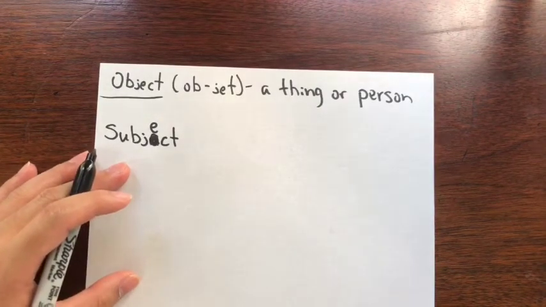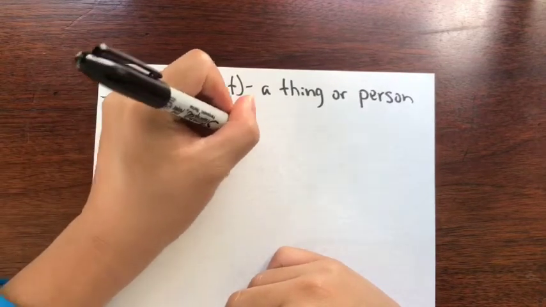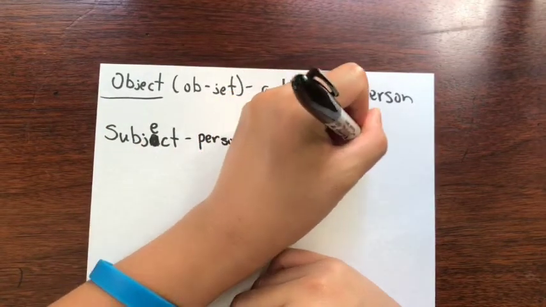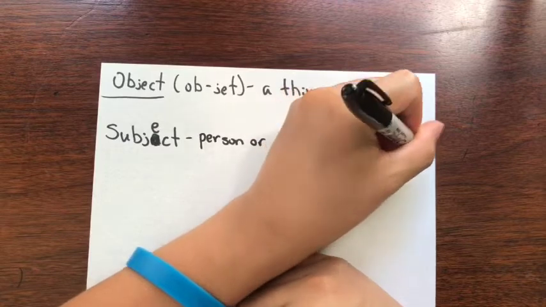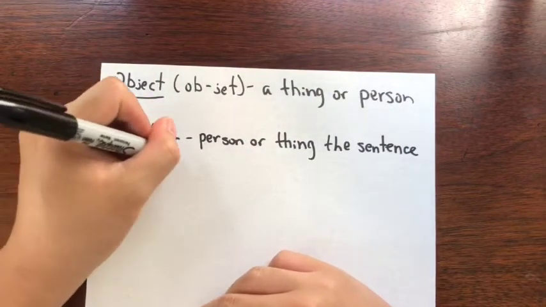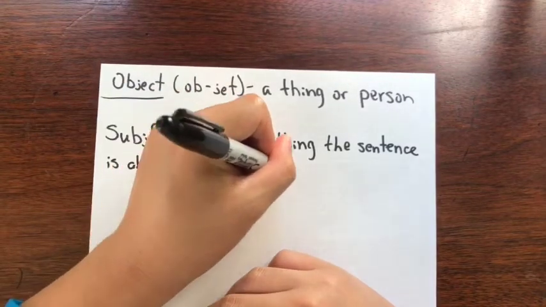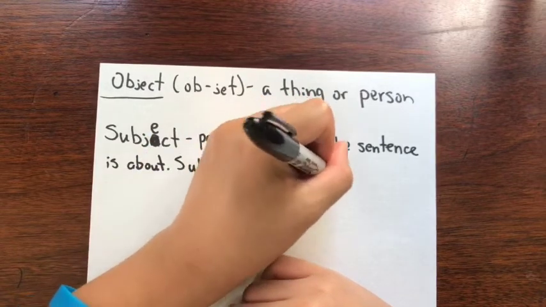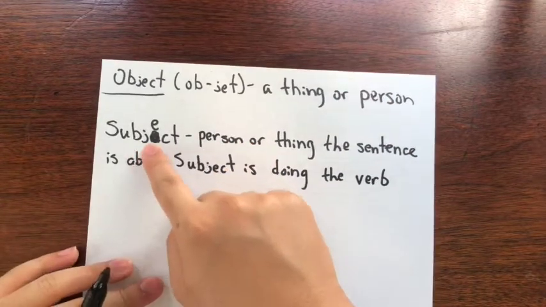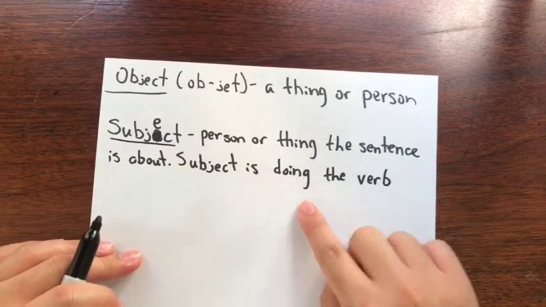But in a sentence, a subject is the person or thing the sentence is about. The subject is doing the verb. So the subject is the person or thing the sentence is about. The subject is doing the verb.